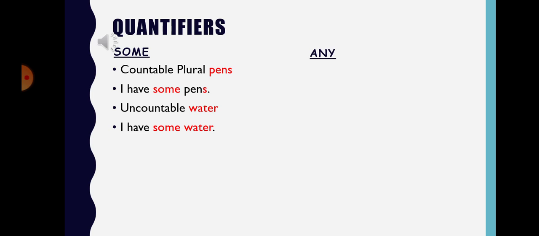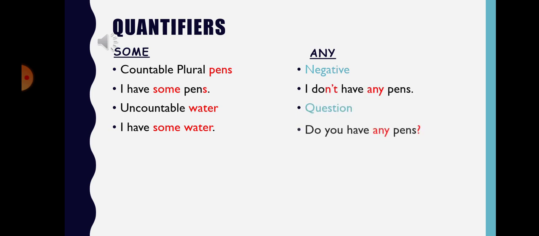Okay? Let's go to the other part, which is any. Any is very easy because we are going to use any in only 2 ways. If the sentence is negative or if it is a question. Negative like not. If you see not, you can use any. Not any. And if it is a question, when you see the question mark, you are going to use any.